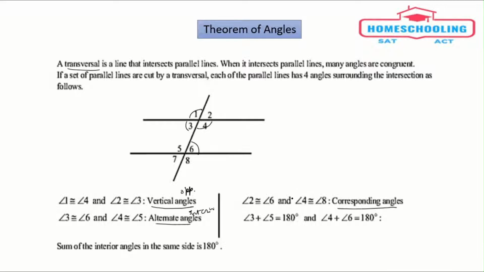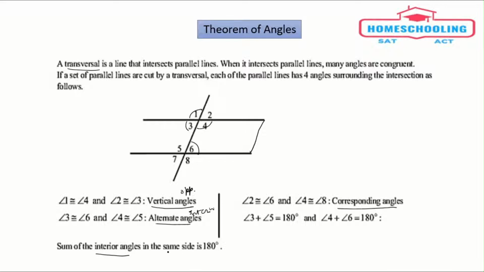Now there's one more concept called interior angles. As we can see, if this is a transversal line, then this will form a parallelogram if we join this line. And we have read in parallelogram that two adjacent interior angles sum to 180 degrees.